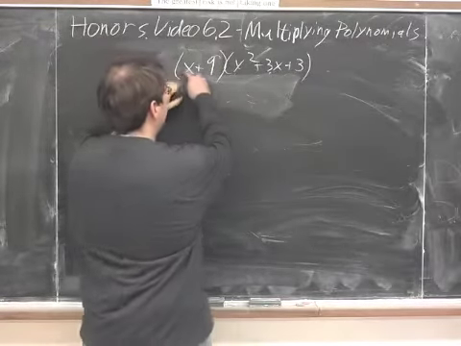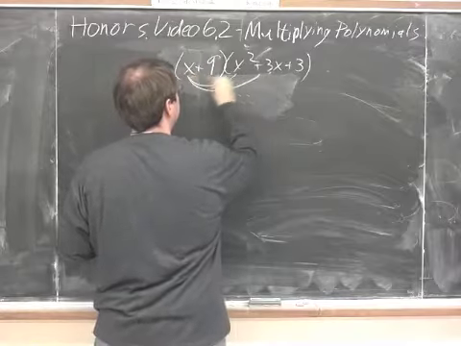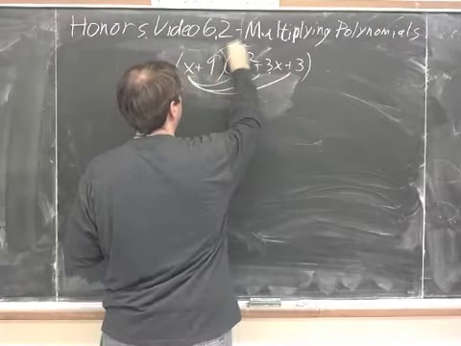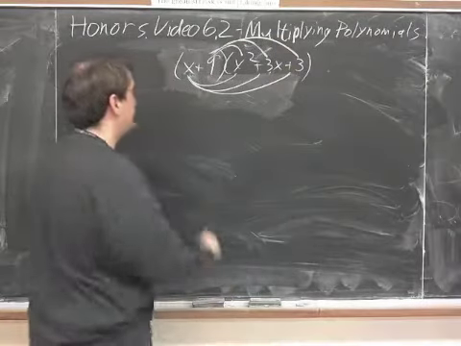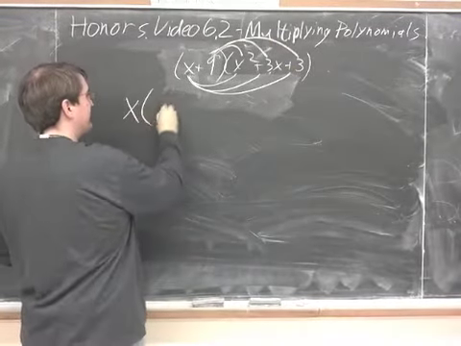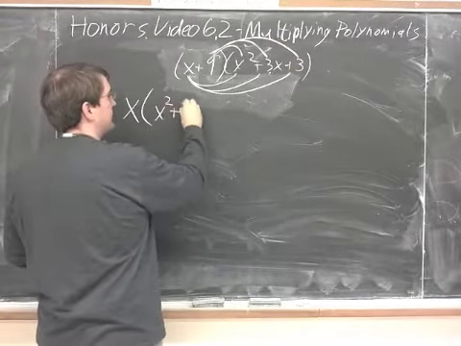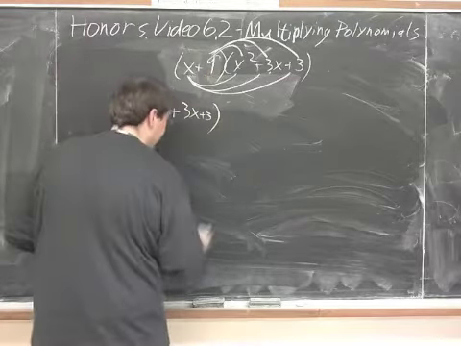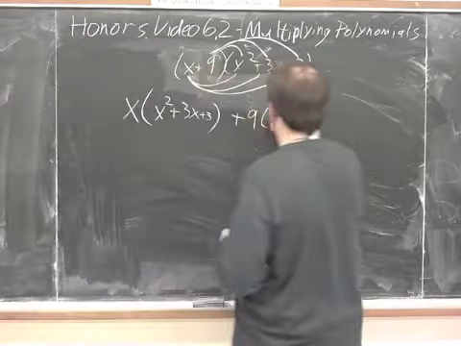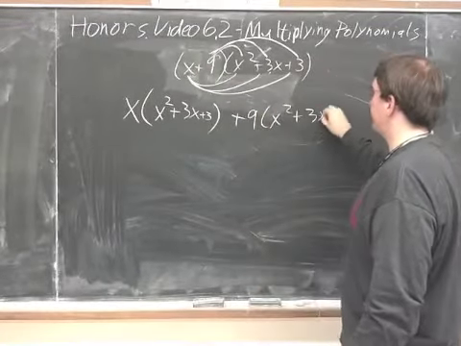So I'm going to take the x and distribute that, and then I'll take the 9 and distribute it. So I'll write out what I mean. I'm going to take the x and distribute it across x squared plus 3x plus 3, and then I'm going to take the 9 and distribute that across x squared plus 3x plus 3.